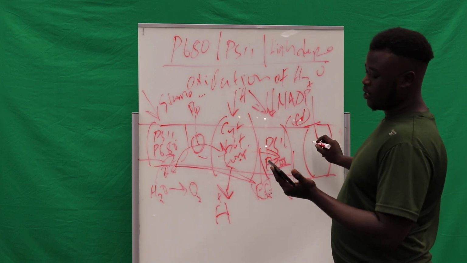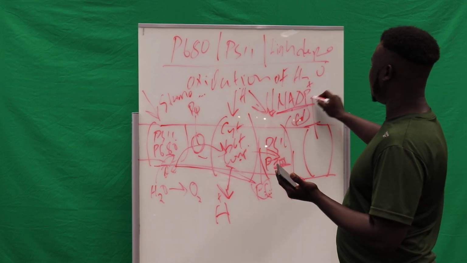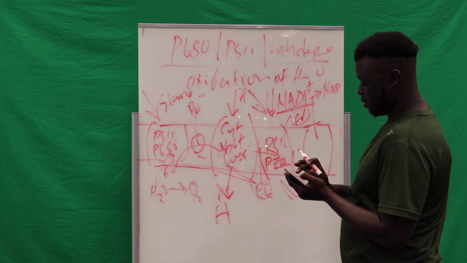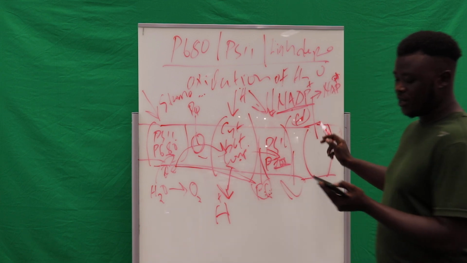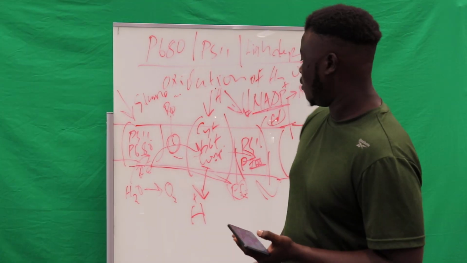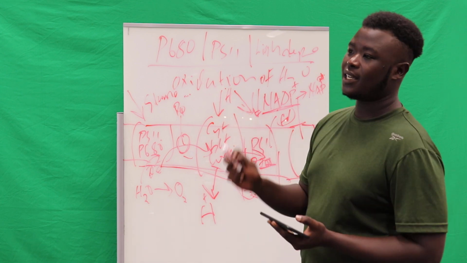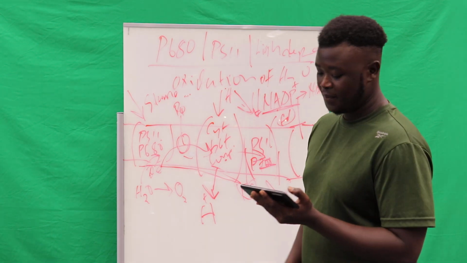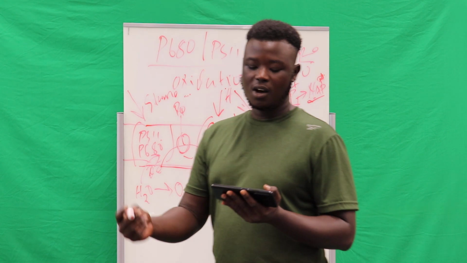So here this energy molecule is reduced into NADPH. This is a very important part of the cycle, because it is one of the biggest products of the photosystem, and it's going to help in the Calvin process.